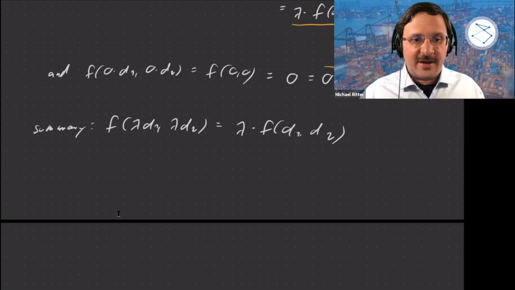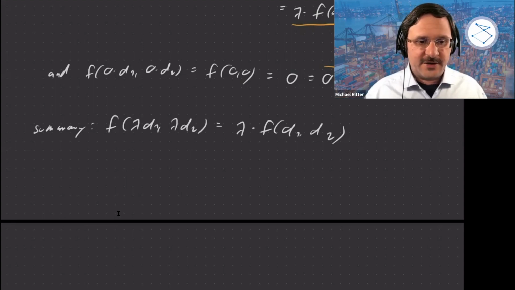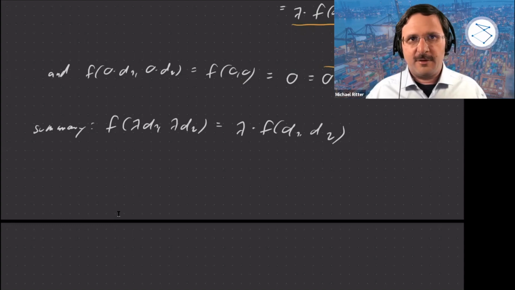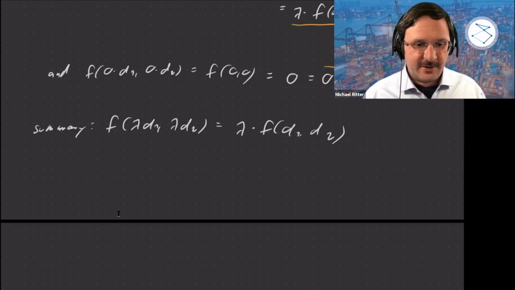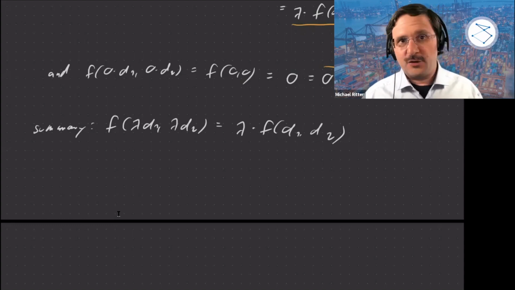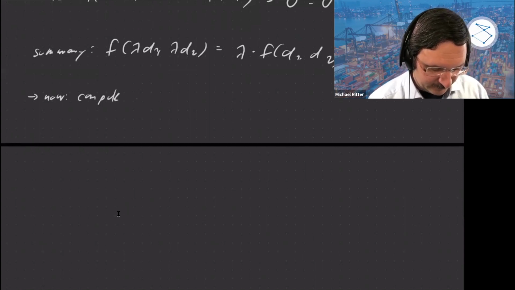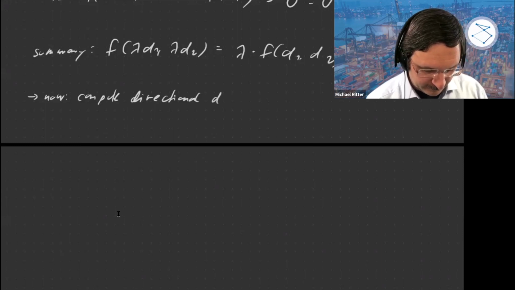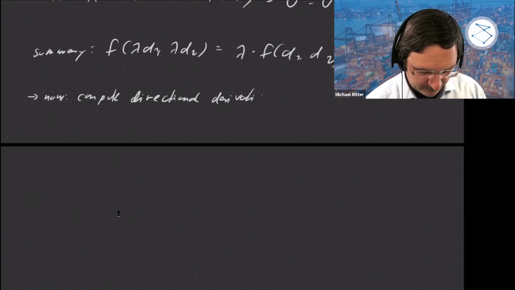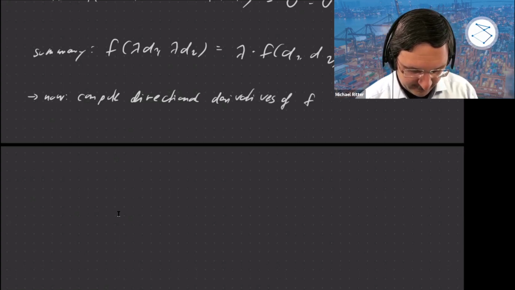Okay, so that's evaluating f along a line. Now the question is, what about differentiation? So if we consider the directional derivative of f along such a line, can we compute that? Do we know what that is? So now we want to compute directional derivatives of f.